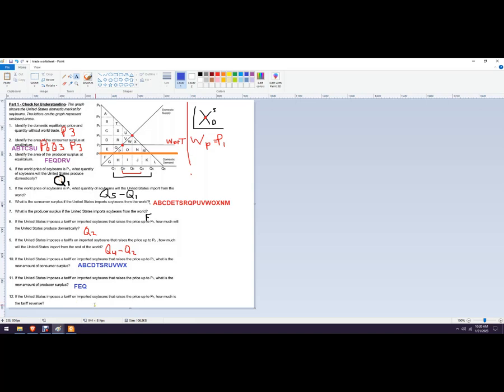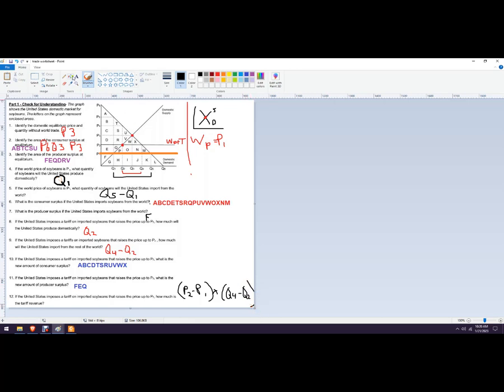Then if the US imposes a tariff on imported soybeans, raising the price up to P2, how much is the tariff revenue? It's the distance between these two. That's the amount of the tariff. Let's say that was $2, that would be a $2 tariff, times the imported amount. So it is P2 minus P1, the amount of the tariff, times the amount that's imported, Q4 minus Q2.